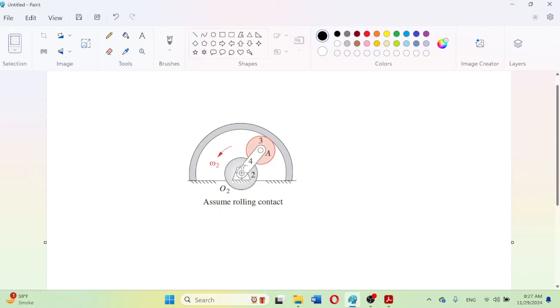So here, independently excluding link number 3 and this outer ring at this moment, there are 3 links: link number 4, link number 2 and link number 1, ground.